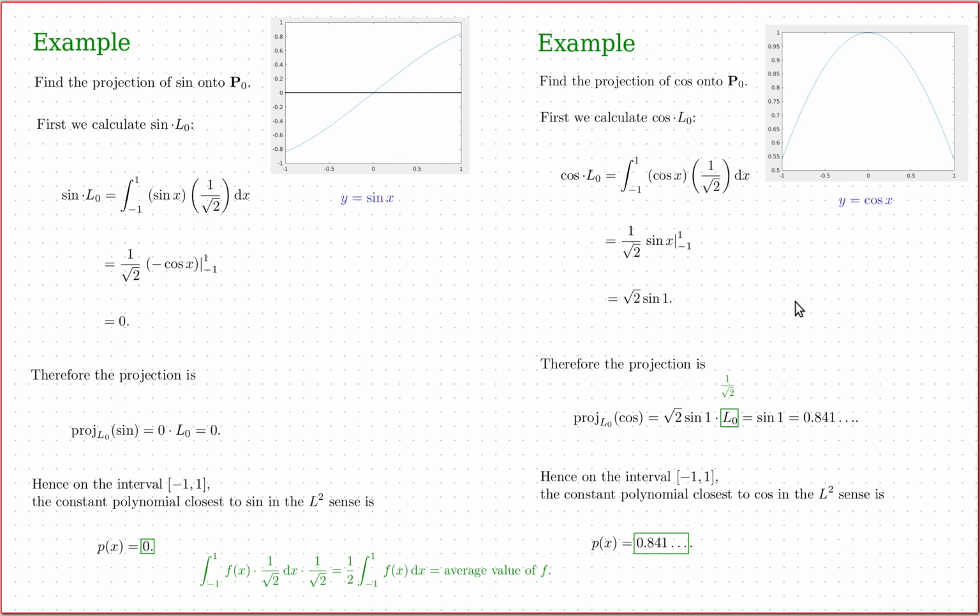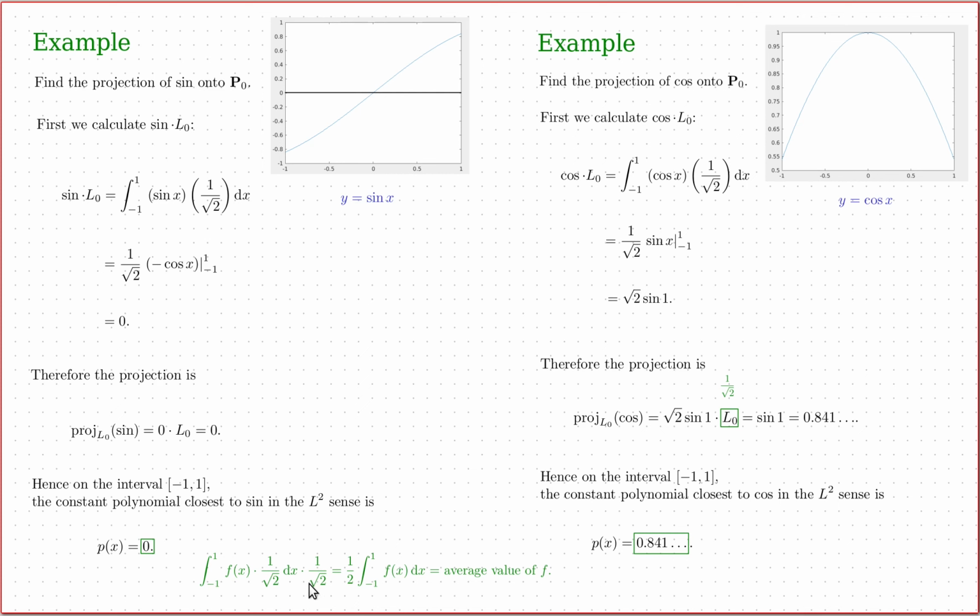And the reason that this projection ends up being simply the average value is, well, look at what we did. We took the integral of f, in our case either sine or cosine, but it could be any function, times 1 over radical 2, which is L0, and that gives us the dot product. Then we multiply that by L0, which is just 1 over radical 2.